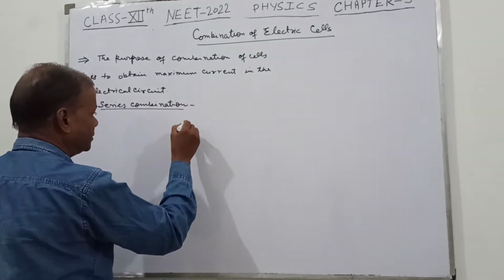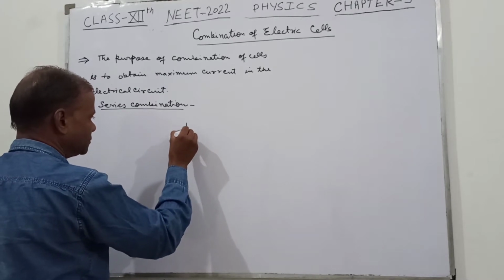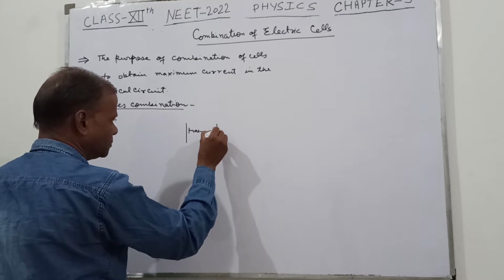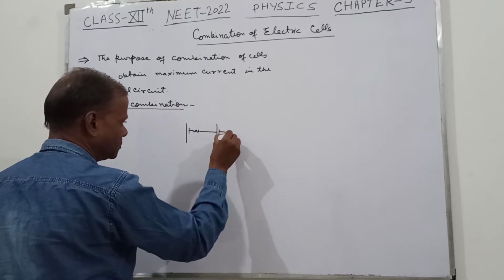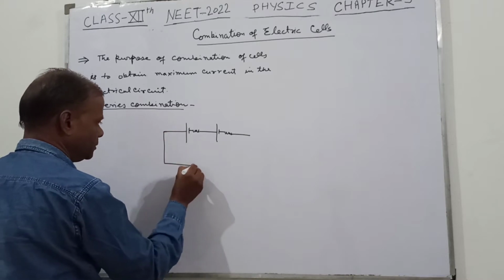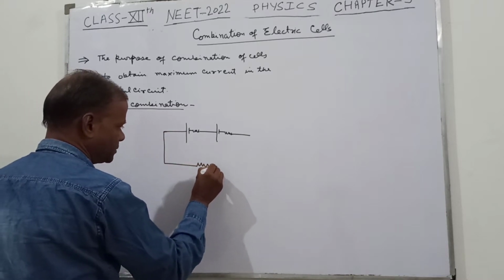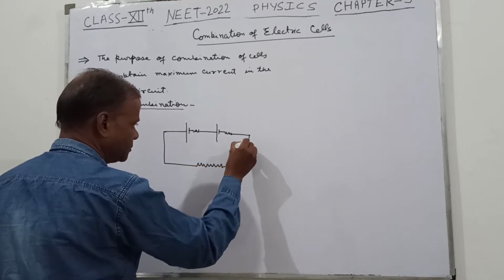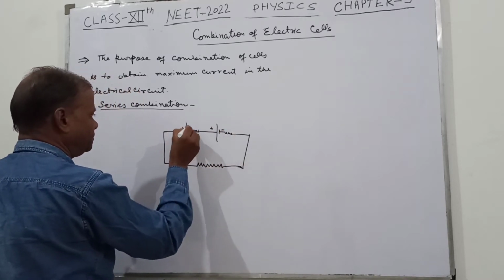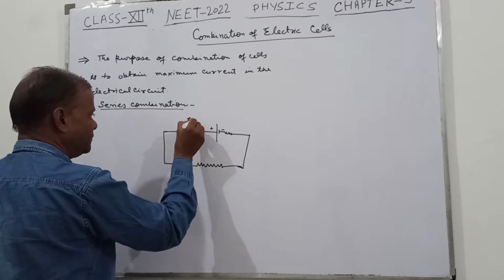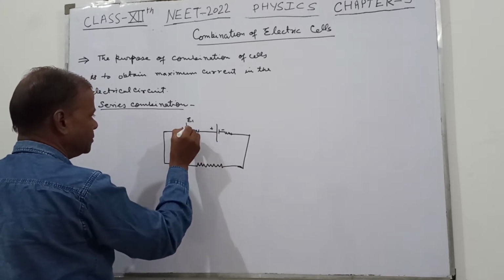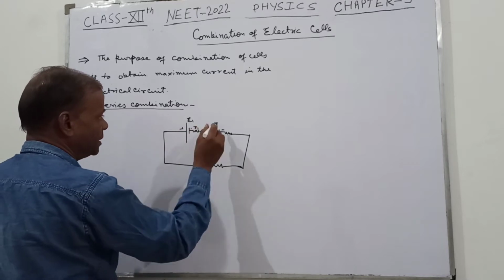Let here we are having the two cells. This is now external resistance. Its EMF is E1 and the internal resistance R1.